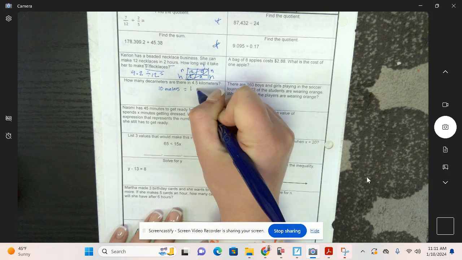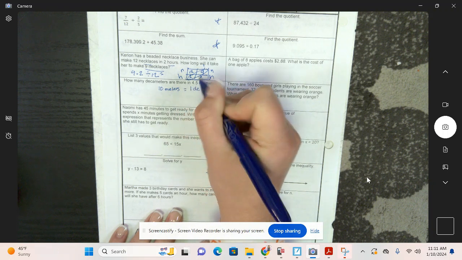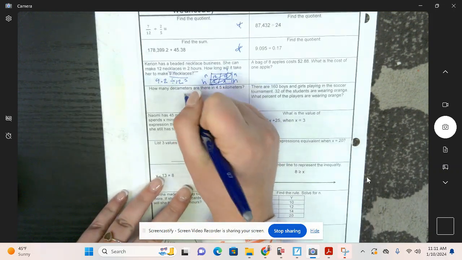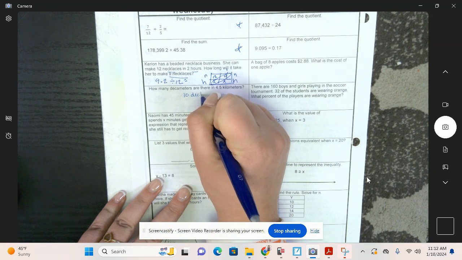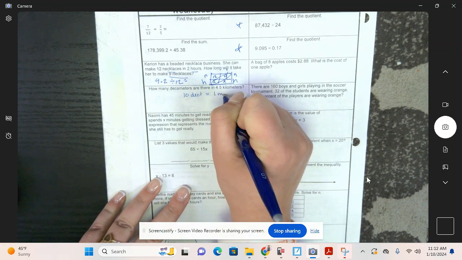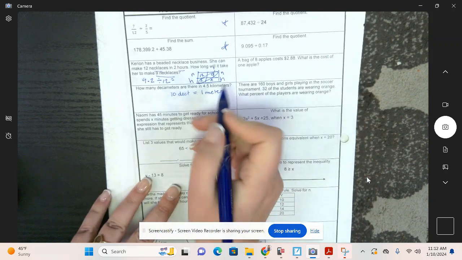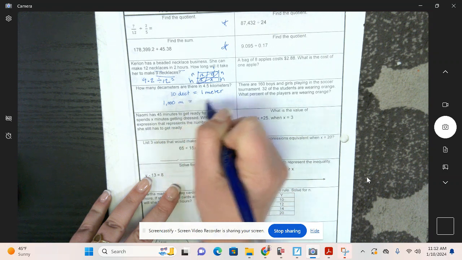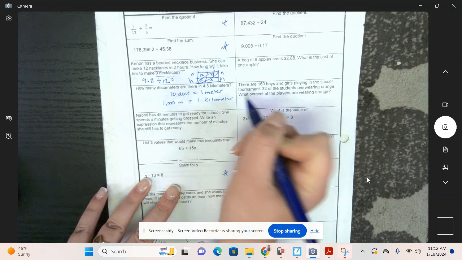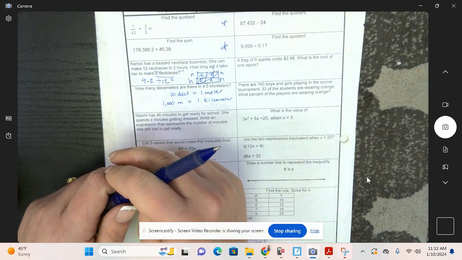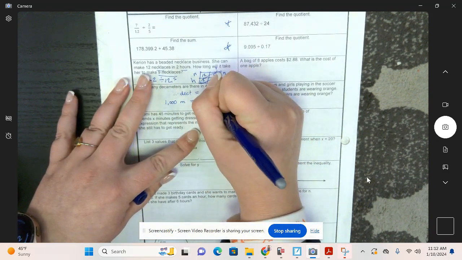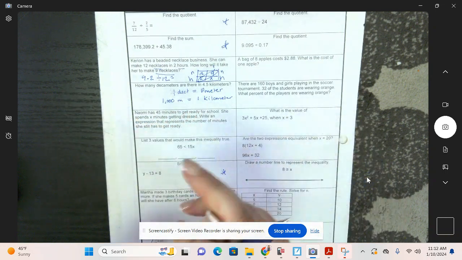Sorry, that's not right. 10 decameters equal 1 meter, and 1,000 meters equals 1 kilometer. I'm sorry, that's not right either. One day, Miss Pittman is going to remember her units of measurement. All right, 1 decameter equals 10 meters.